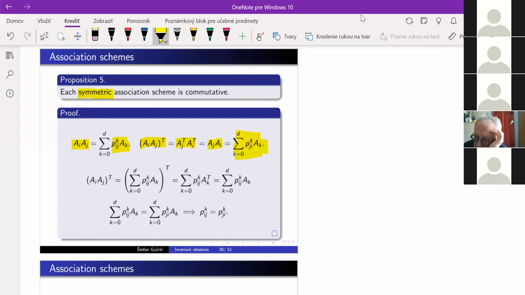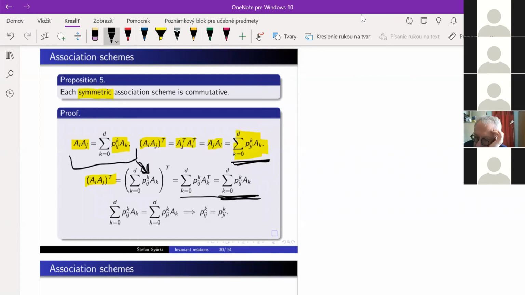On the other hand, from this equation, we are obtaining that its transpose can be written like this, and simply using the properties of transposition and working with matrices, we obtain that these two things are equal.